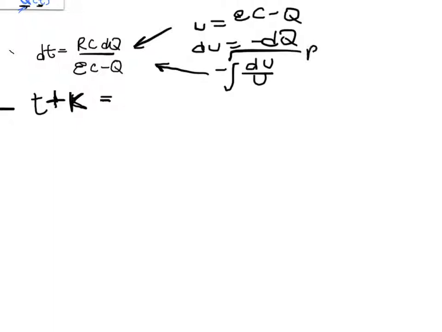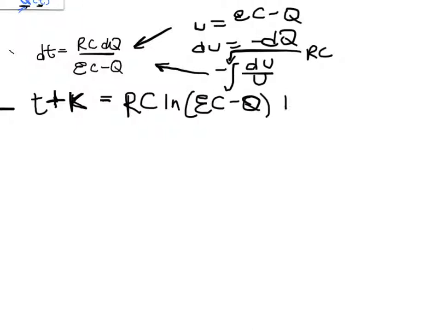Oops, I forgot the RC out front. Sorry this is so messy, but you get the idea. And the integral of this is the ln of u, so it's going to be RC times the ln of u, which is EC minus q.